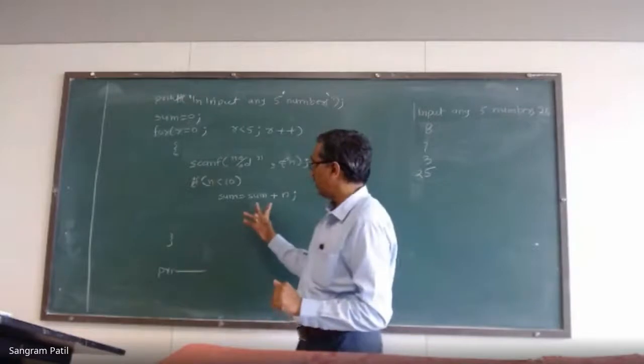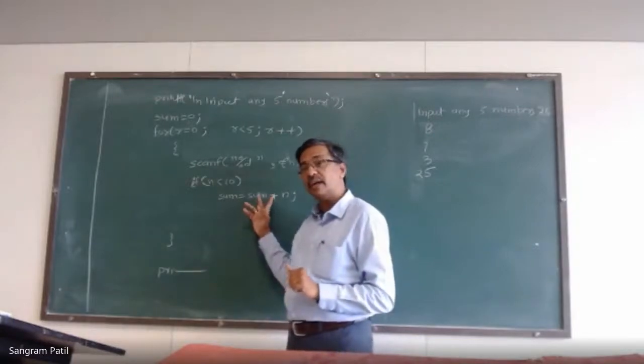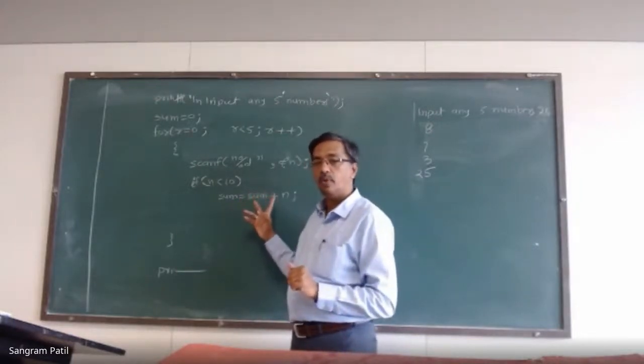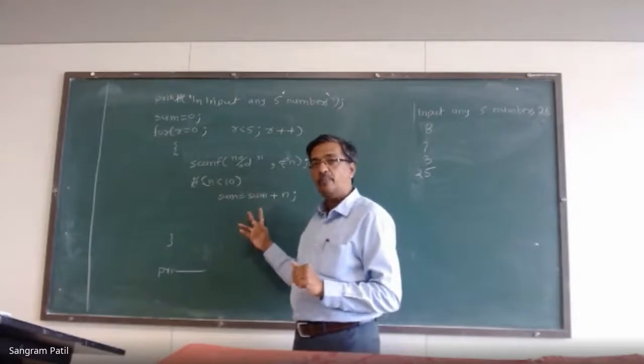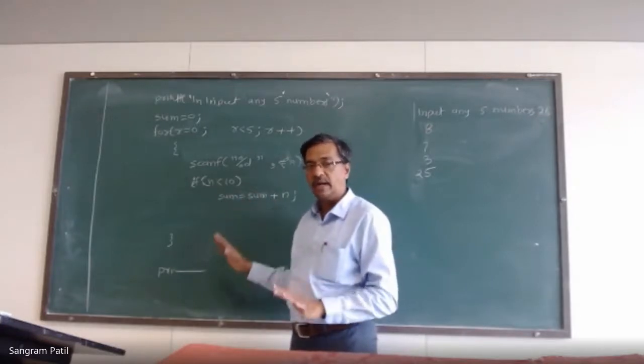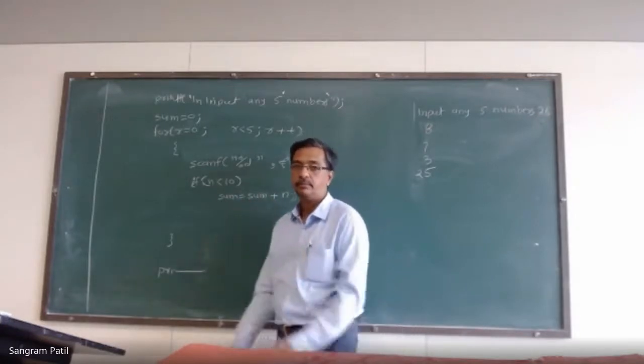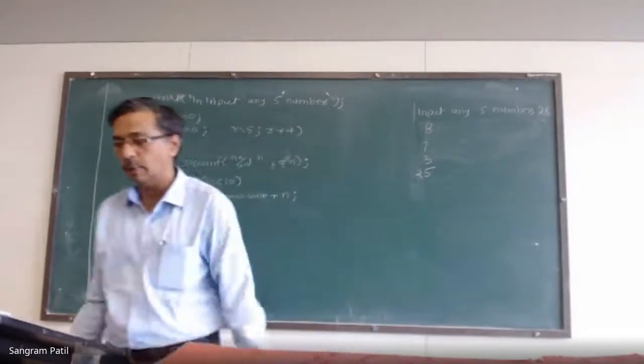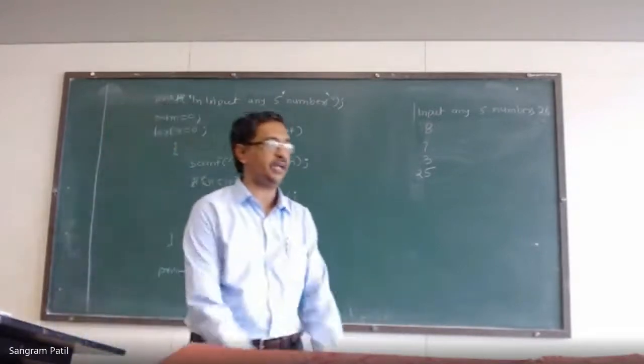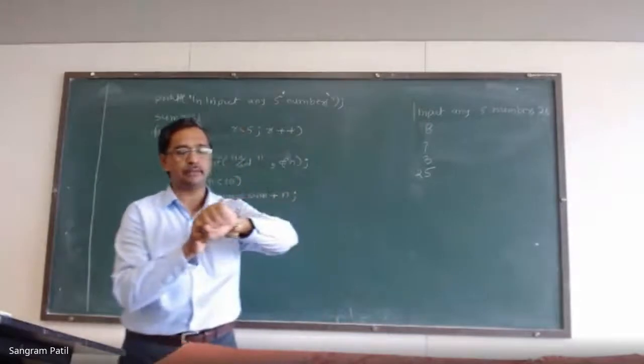So this is here calculating the sum of the numbers which are less than 10. Now we want to calculate average of those numbers which are less than 10. Try this for 2 minutes.